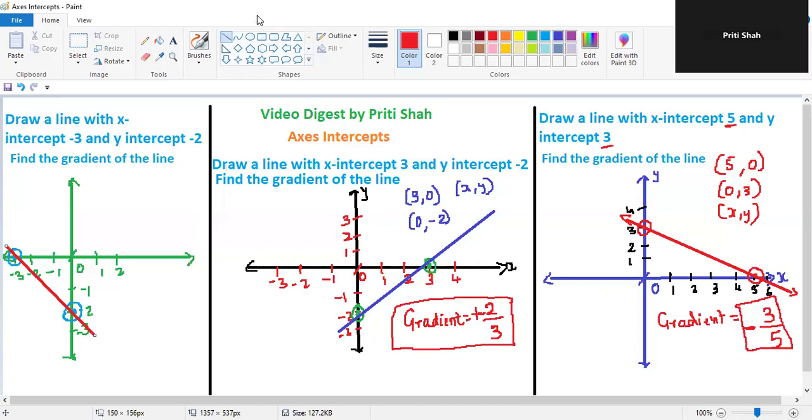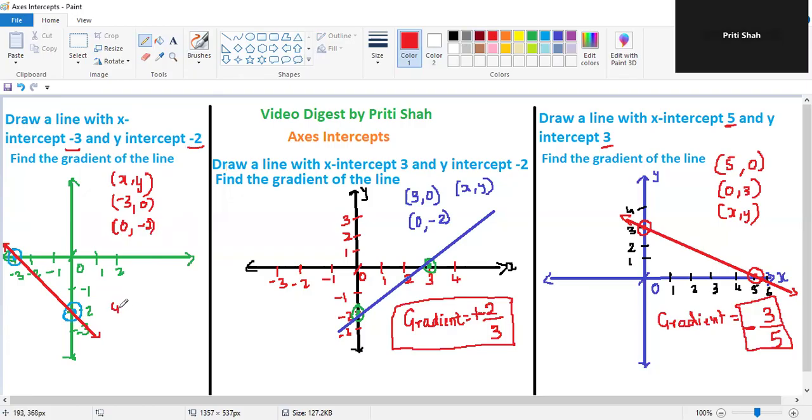The values that we will write here are x comma y. So first is negative 3 comma 0 and 0 comma negative 2.